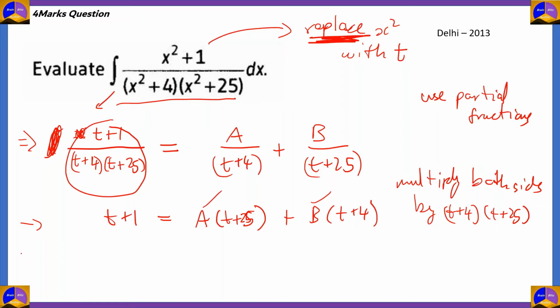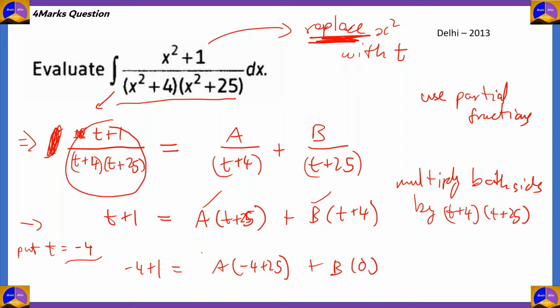First thing you do, put t is equal to minus 4. When you put t is equal to minus 4, you'll get minus 4 plus 1 on the left-hand side, a times (minus 4 plus 25) on the right-hand side, and the b term becomes 0 because minus 4 plus 4 is 0.